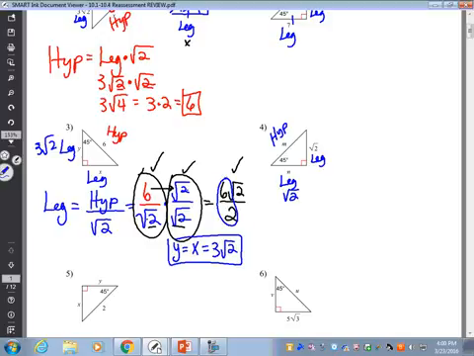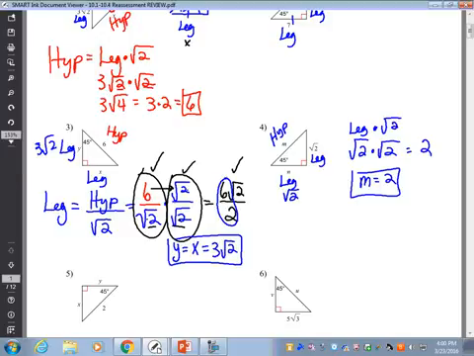Show something that you know every time. So basically, I'm just going to take that square root of 2, because that is the leg. The leg is multiplied by the square root of 2, so I'm going to multiply by the square root of 2, and you're just going to be left with 2. That means M is 2 here. Your hypotenuse is 2.